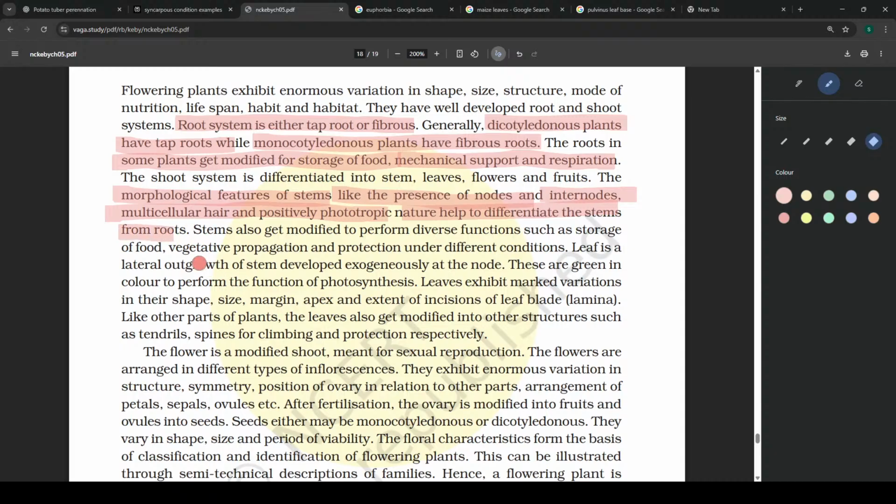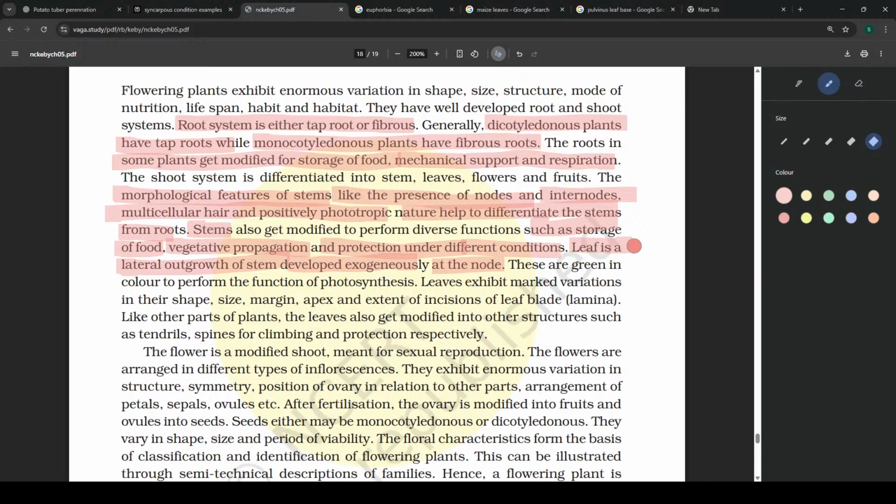Stems also get modified to perform diverse functions such as storage of food, vegetative propagation, and protection under different conditions. Leaf is a lateral outgrowth of stem developed exogenously at the node. These are green in color to perform the function of photosynthesis.